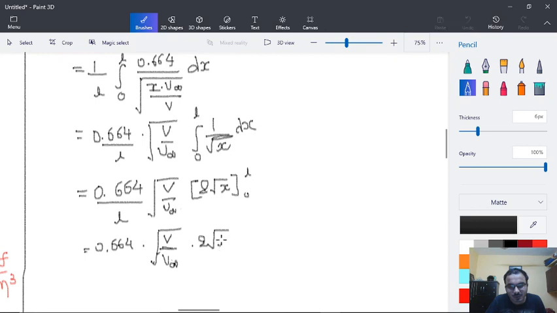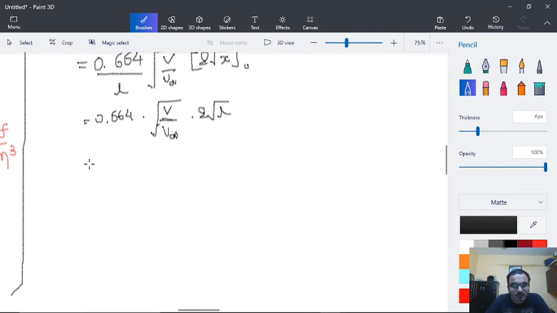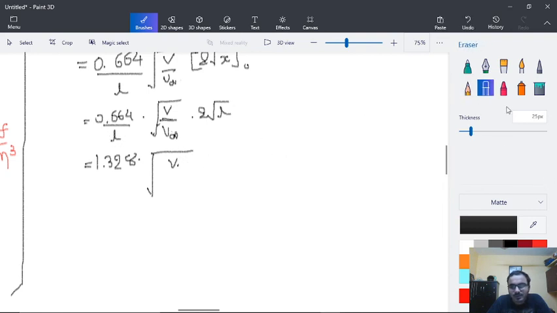So here we are having L. So finally what we are getting is 1.328 into square root of mu into L. Okay, here still we were having L, so that will not be present here, and we will be having divided by u infinity into L.